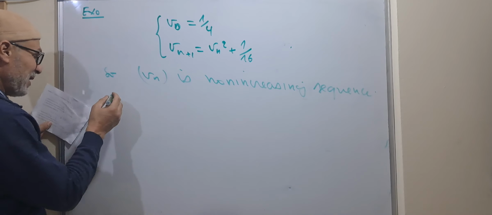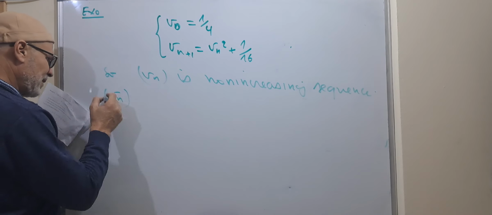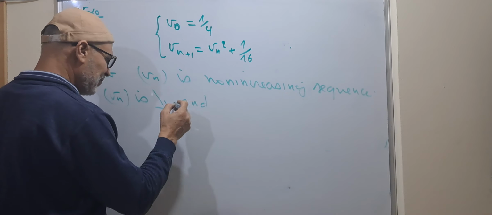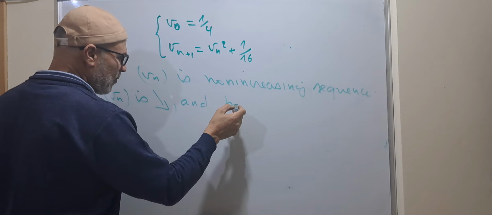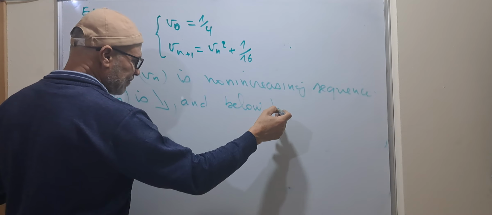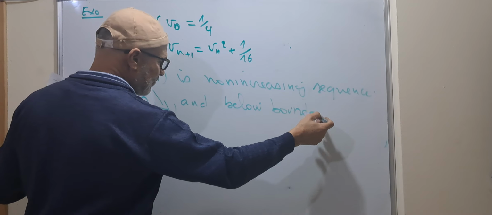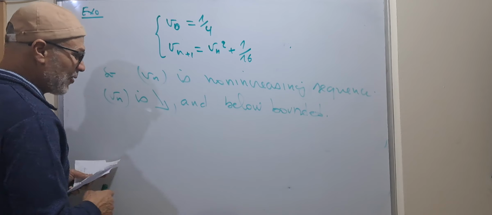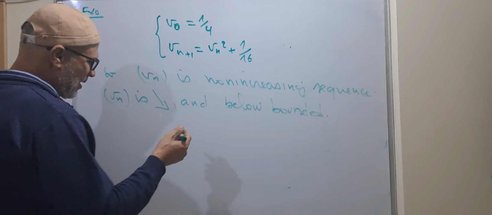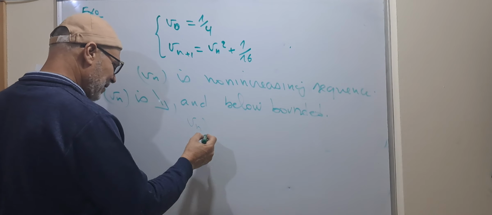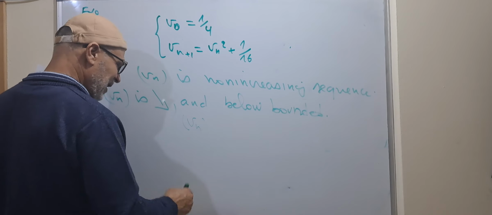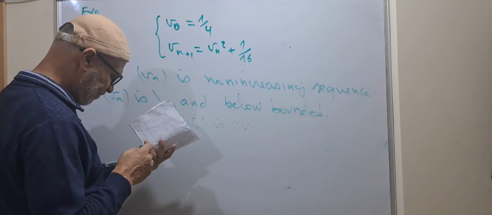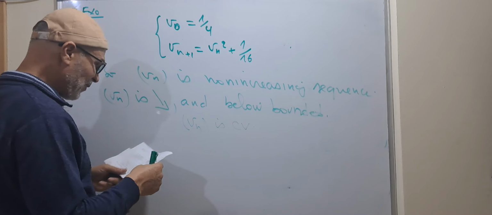So Vn is non-increasing and bounded below. The monotonic convergence theorem gives us the right to say that Vn is convergent.